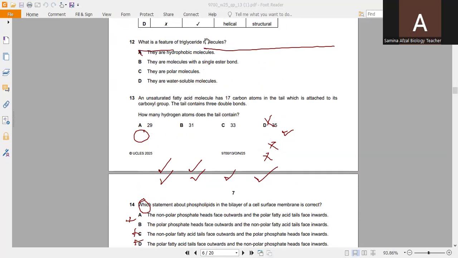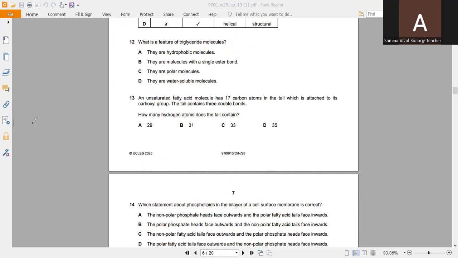Now question number 12. What is a feature of triglyceride molecules? They are hydrophobic molecules. They are molecules with a single ester bond. They are polar molecules, they are water soluble molecules. But they are not soluble in water. They are not polar molecules, they are non-polar.